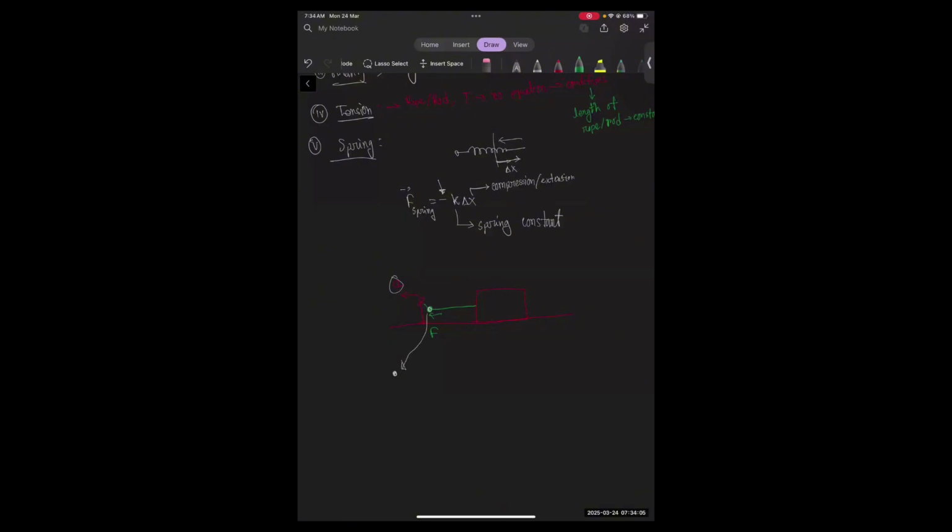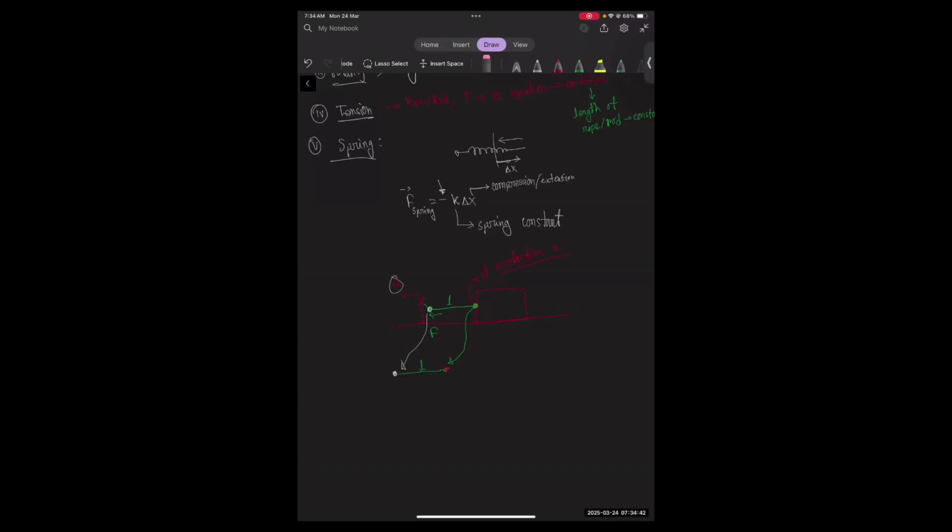Now if the length of the rope is constant, the back end of it should also move the same distance if the length of the rope is to remain constant. That means this back end also has to move at acceleration a. But how can it move at acceleration a? Basically, what ends up happening is this part now has to pull the block along with it.